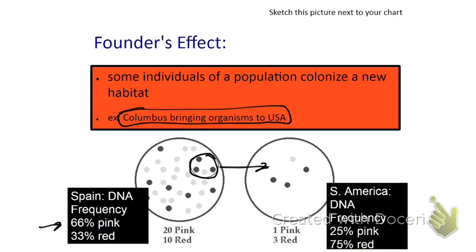These four might not be an accurate representation of the distribution of alleles in Spain. It could be a lot different or a little different, but nonetheless, the allele frequency changed. So therefore, we would say that evolution has occurred.